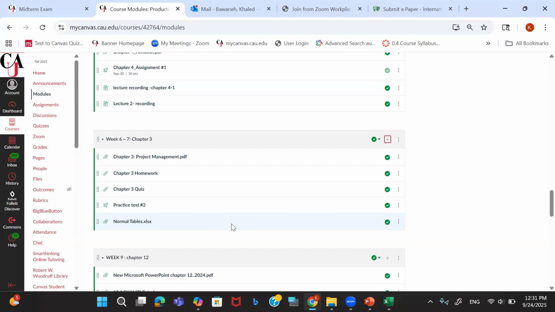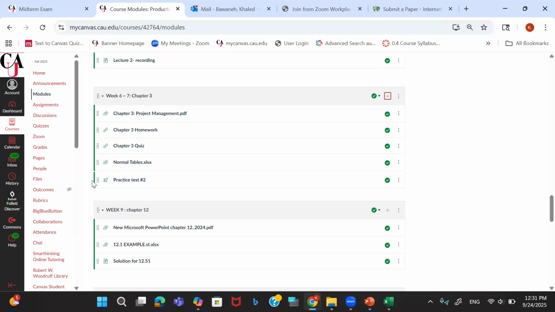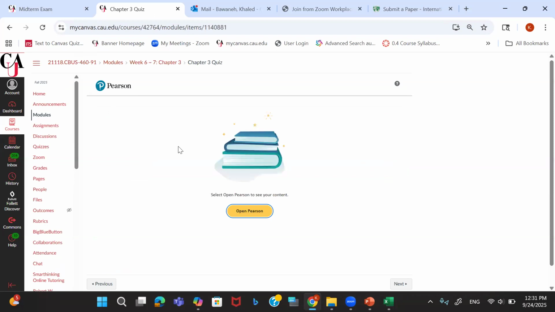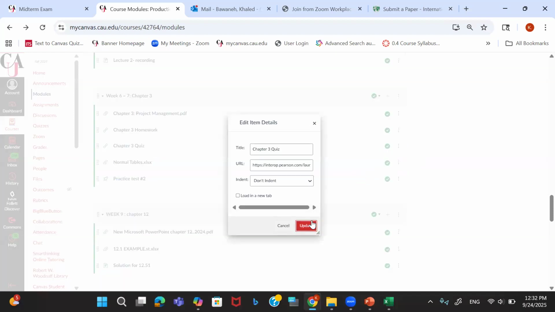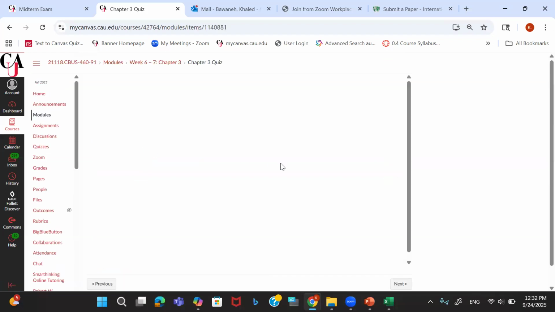Any questions? I put the normal tables here. There is a homework and quiz for chapter 3 on MyLab. Make sure you take this homework and finish it. I don't know when the deadline is, October something.